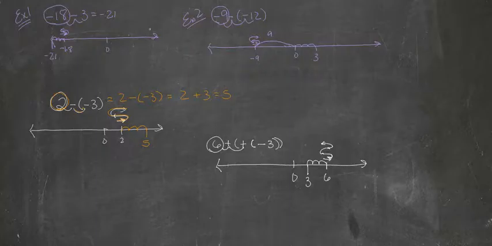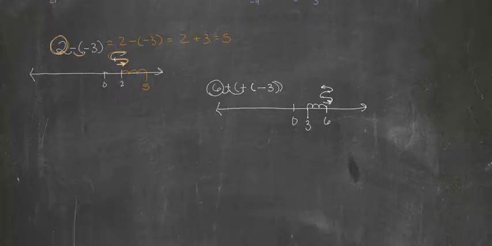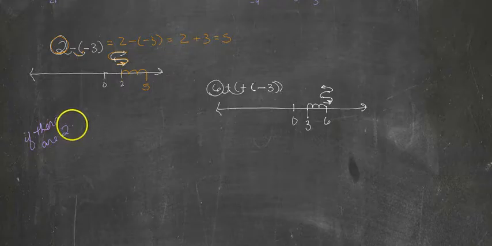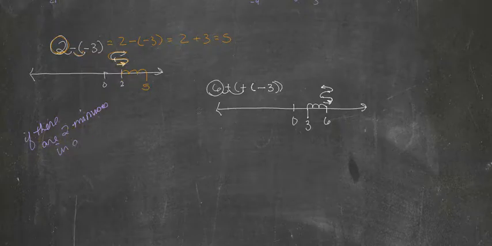So we can kind of generalize a rule from this. We can notice that if there are 2 minuses in a row, they become a plus.